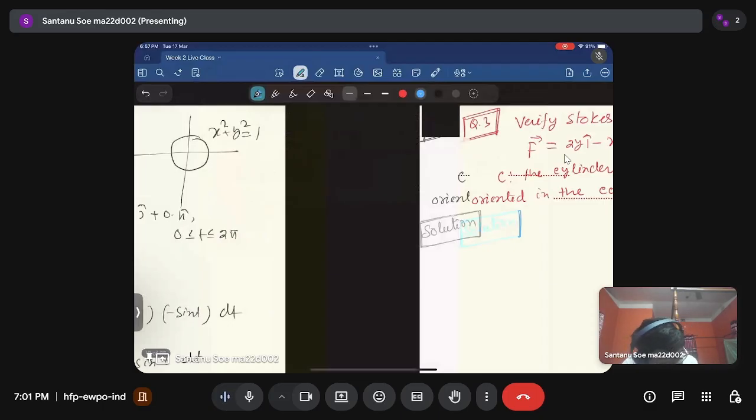So here our surface is just the projection, I mean, this is not S, this is the projection R, which is x square plus y square equals 9. So this will be minus 6 times pi into 9, which is minus 54 pi. So yeah, this is the answer for the surface integration.